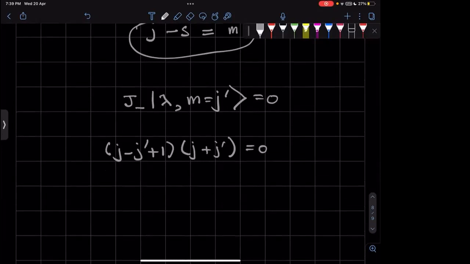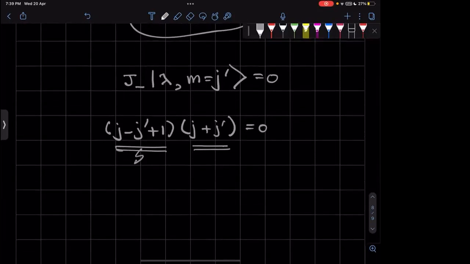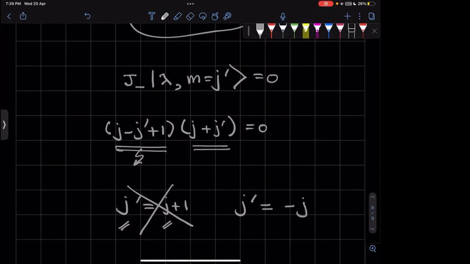Now, either this factor goes to 0 or this factor goes to 0. If this factor were to go to 0, then that would imply that j prime is j plus 1, but this is the lowest possible value of m, and this is the highest possible value of m. So this is not allowed, right? This would violate our assumption that j is the highest m value. So it means that the lowest possible value of m, j prime, must be minus the highest possible value of m.